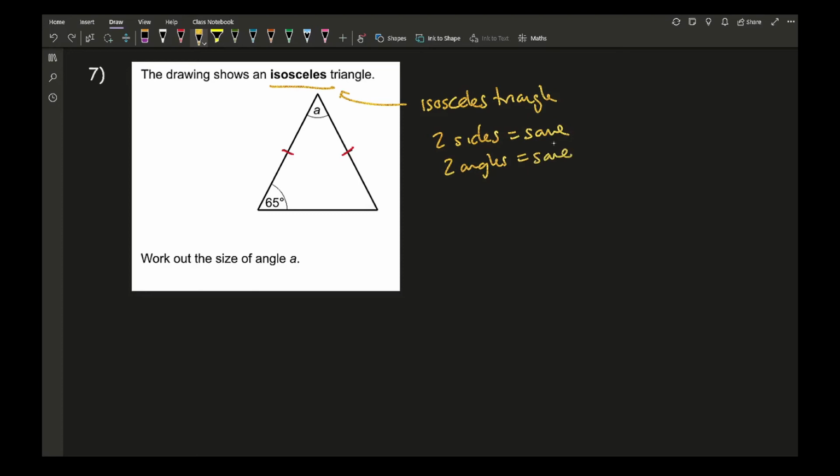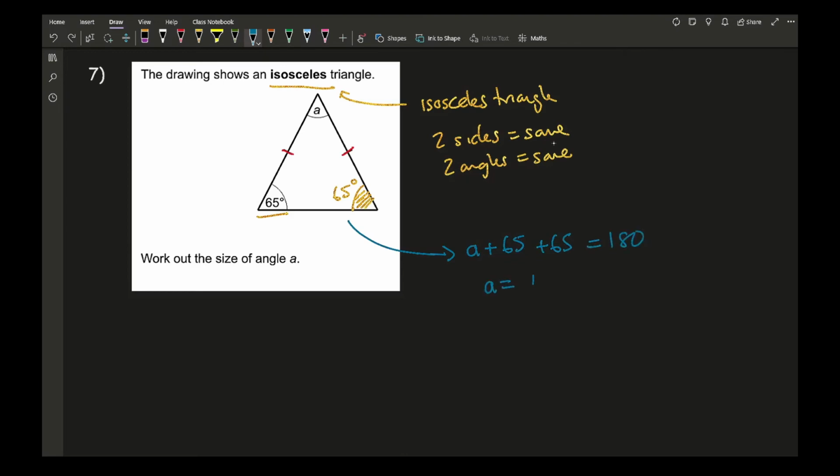So the two sides are just divided with the lines, but we're not talking about lines. What we're talking about are angles. Now this angle here is going to be the same as this here. So that's also going to be 65 because it's an isosceles triangle. So now that I know what the two angles are, I know that A plus 65 plus 65 add up to 180.